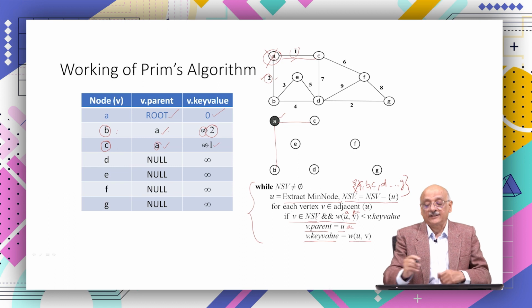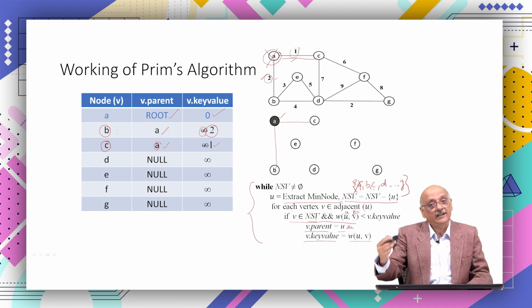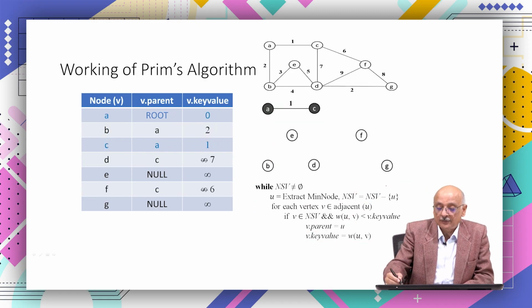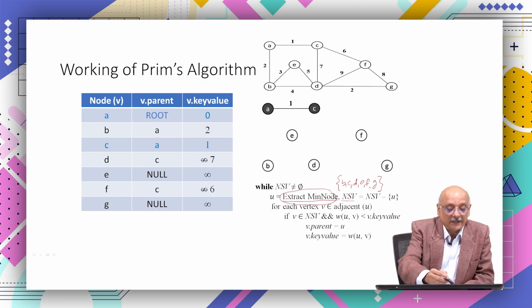So NSV now contains B, C, D, E, F and G, right? Now which one are we going to extract? Min node from NSV.